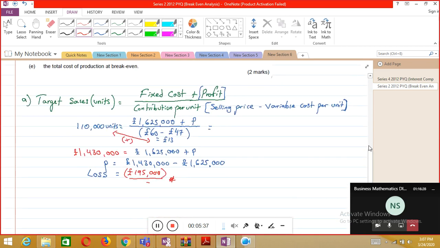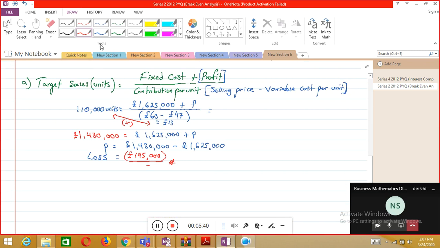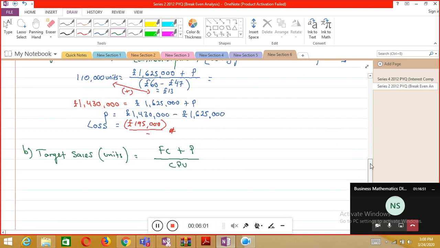So we're going to use the same formula for part B: target sales units equals fixed cost plus profit divided by CPU, contribution per unit.